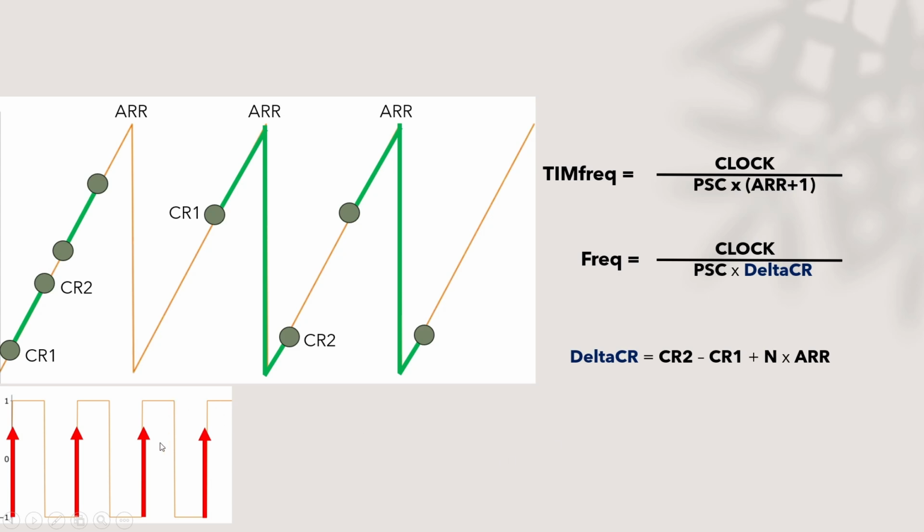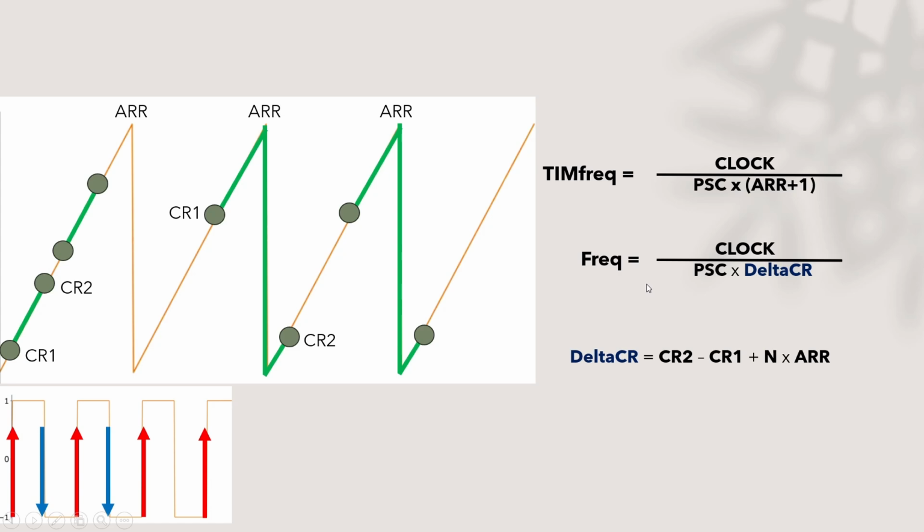And for duration, the principle is the same, but instead of taking the same edges, we're going to take opposite edges, one rising edge and one falling edge. So there is no change, only the way we're going to capture the register. And of course, duration is time-based, so we'll have to invert this frequency.